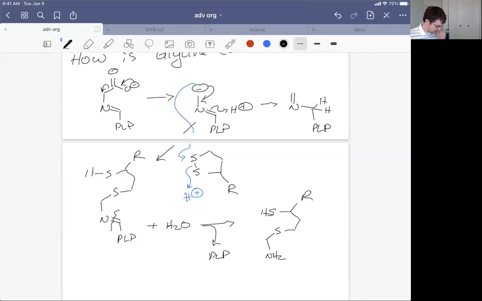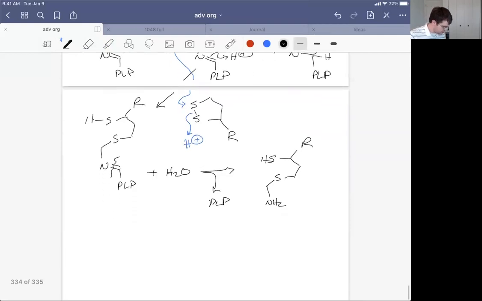Species. Well, the book says that this will lose NH3 and we actually add the tetrahydrofolate to this. That's THF. We'll lose NH3.